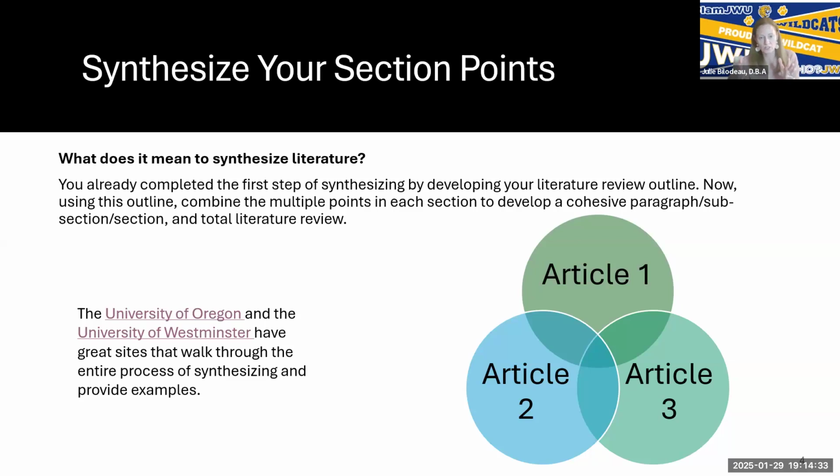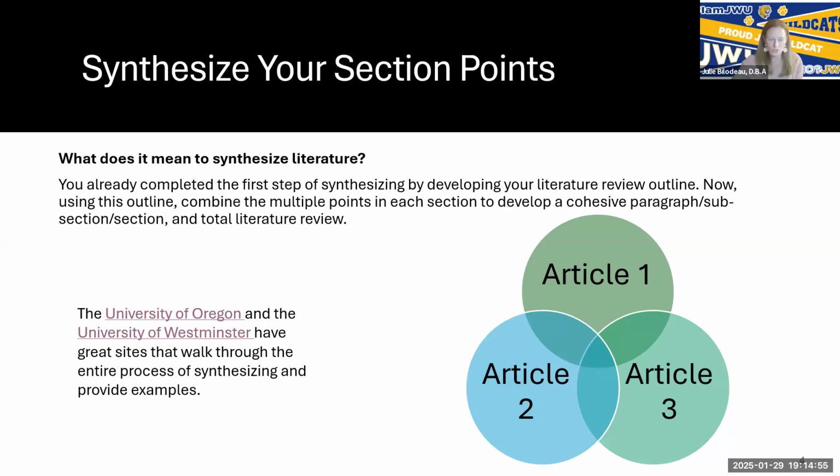So again, the colors in nature, all the articles that fit under the blues go there, all the ones that fit under the greens go there. So your outline and eventually your review becomes thematic as opposed to chronological or article driven.